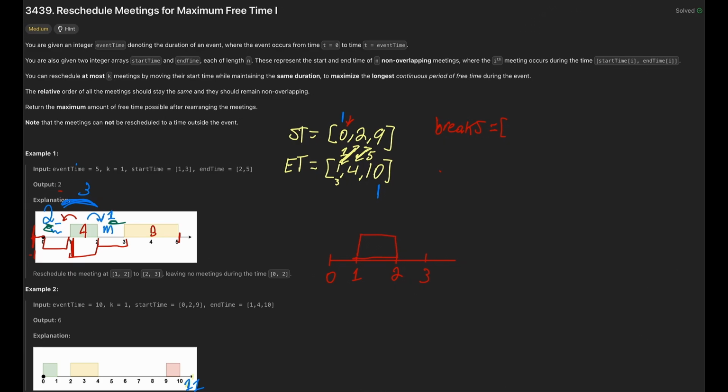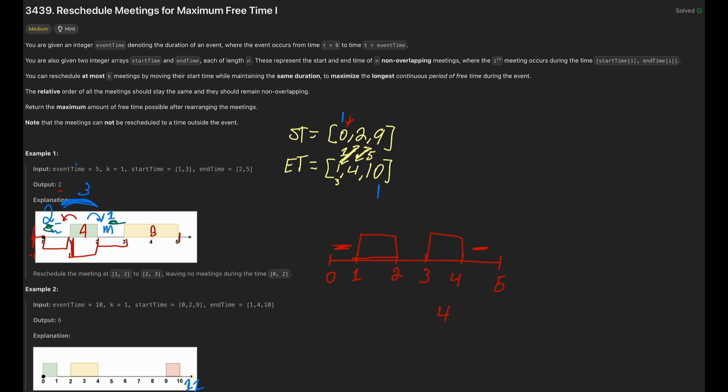So we would actually have a break before the first meeting. And you can kind of think of the same thing for end time. So say we had an additional meeting from 3 to 4. The break here would be from the end time of the last element, which in this case is 4, minus event time, right? And we'll get another break here of size 1. Sorry, I meant event time minus end time.